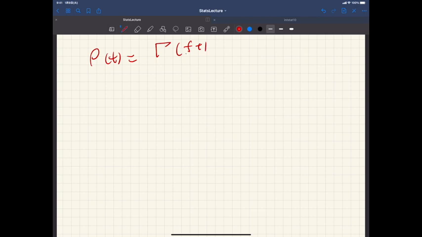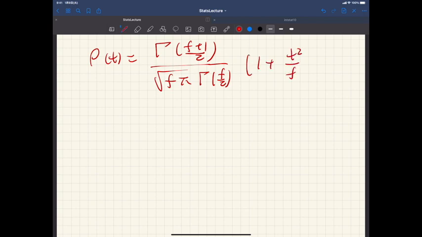In general, the t-distribution has this density function: Gamma over 2 and 1 plus t squared over f to the power of minus f plus 1 over 2.